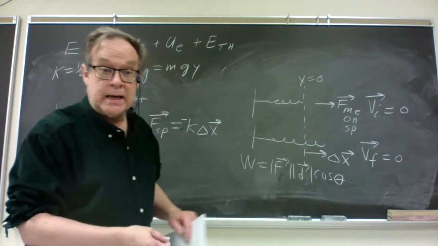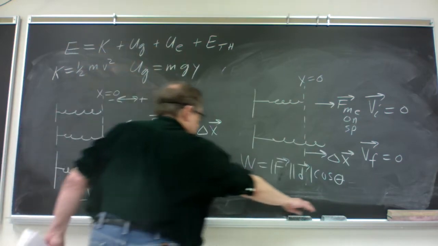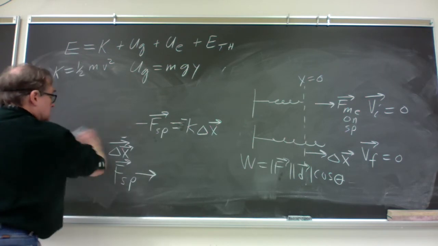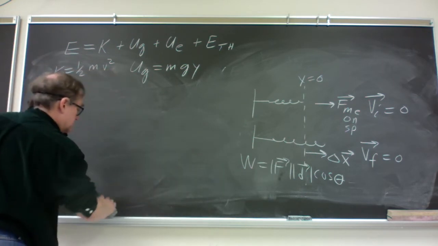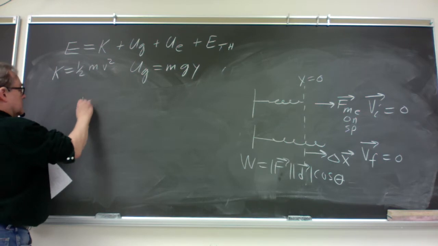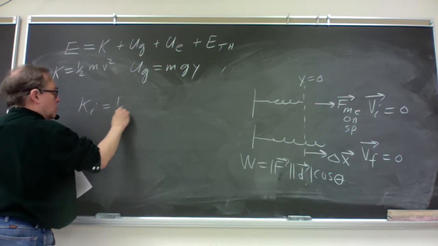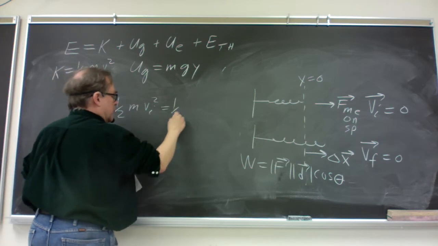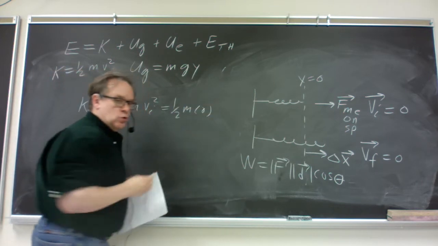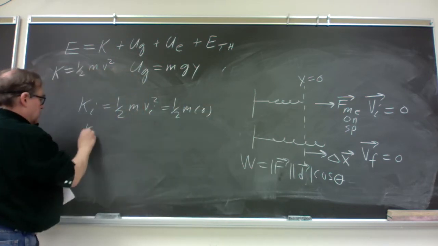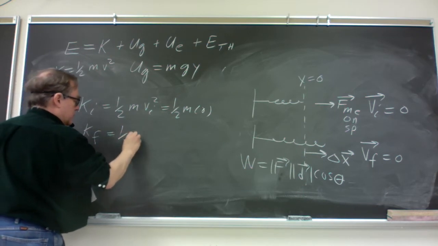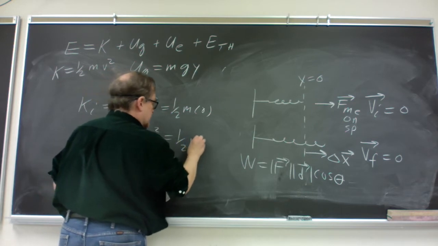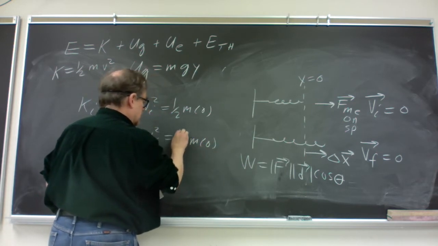Or to say that algebraically, initial kinetic energy is 1/2 mass, initial velocity squared, which is just 1/2 mass, 0 meters per second, and the final kinetic energy is 1/2 mass final velocity squared, in other words 1/2 mass, 0 meters per second.